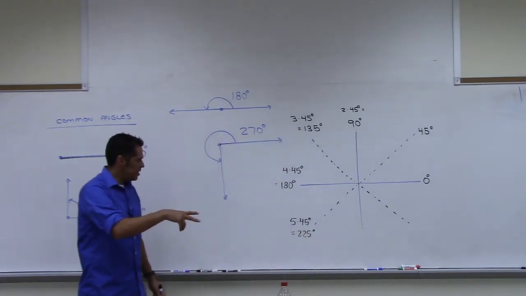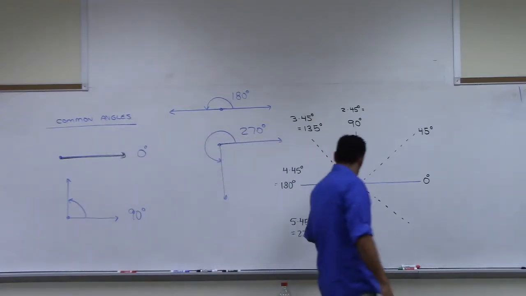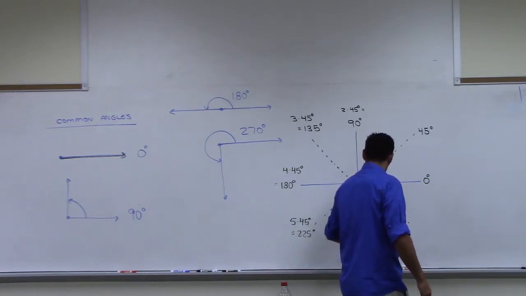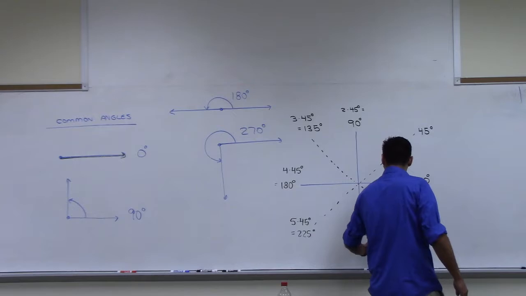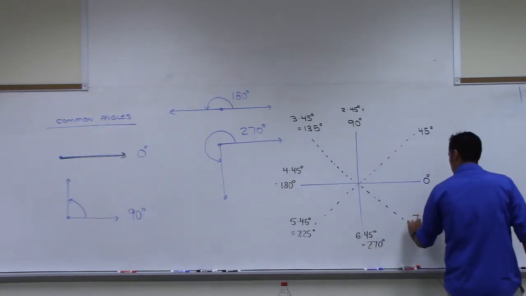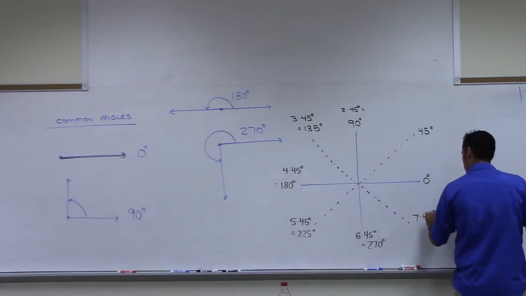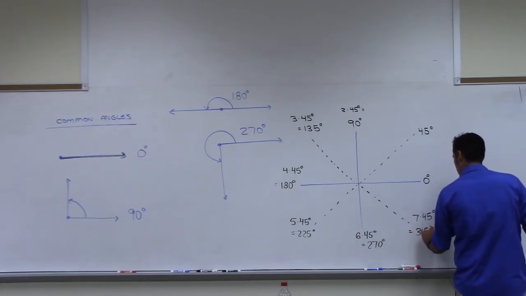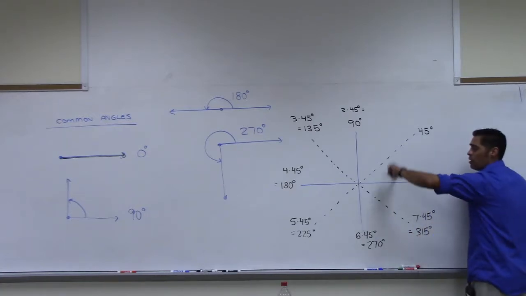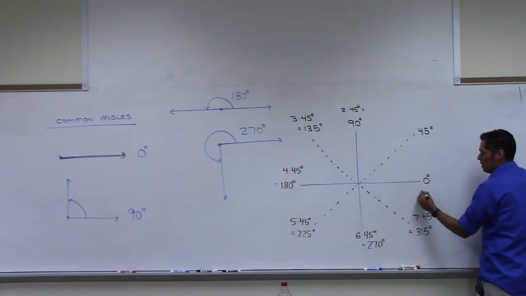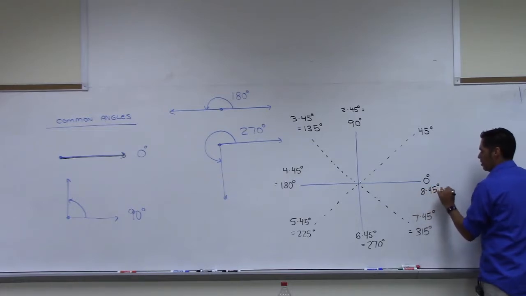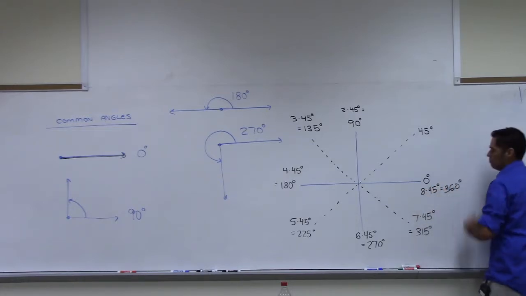And then I proceed, I'm almost to the end here. This is 6 45s, which is your 270. And then 7 45s, which is 315. And then lastly, if we come all the way around, that should be, what, 8 45s, which is 360. Good?